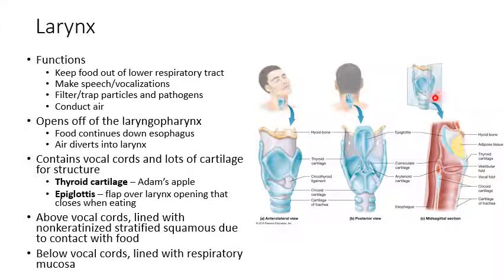So as little particles come in, whatever particles were not already filtered out by the nose and the pharynx, a lot of them will be filtered out by the larynx. And then the cilia, they'll get trapped in the mucus there, and then the cilia will move them up to the very front part of the larynx, where you can either swallow it, sending it on down to the fiery hell of the stomach, or clearing your throat and, well, I guess spitting that out.